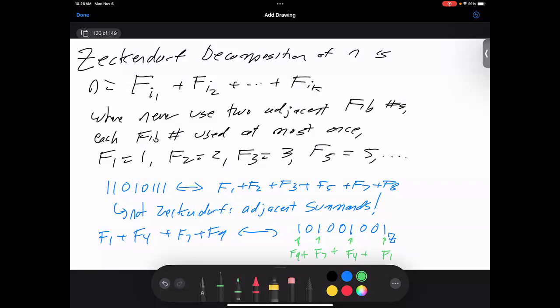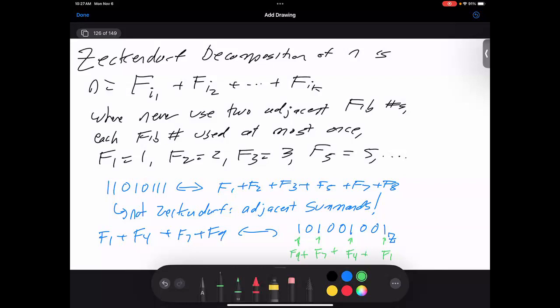So there's a lot of similarities between Zeckendorf decompositions and binary strings. The biggest difference is for Zeckendorf decomposition, I can't have 2 consecutive summands. But for binary decompositions, I can.